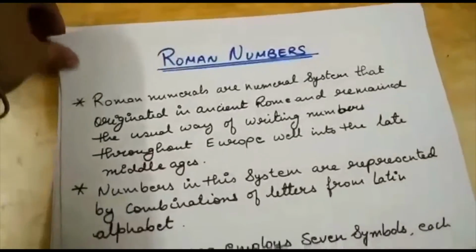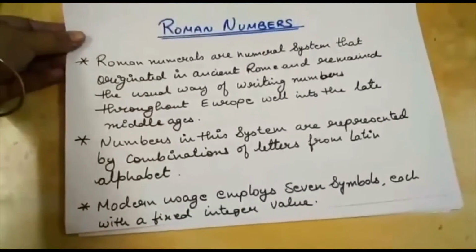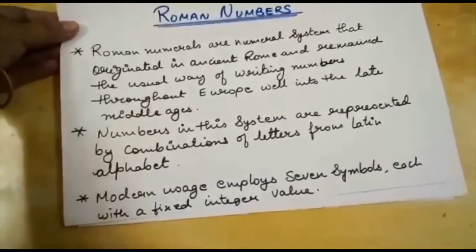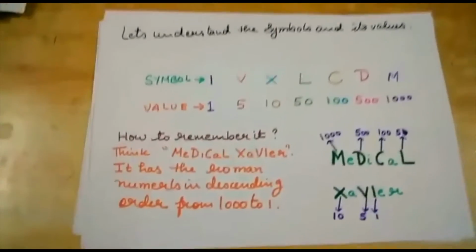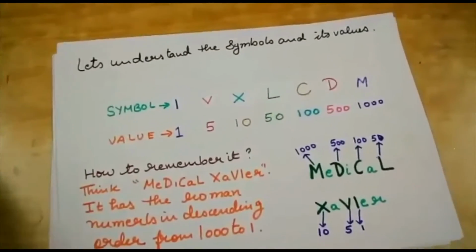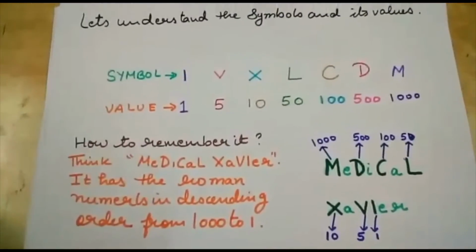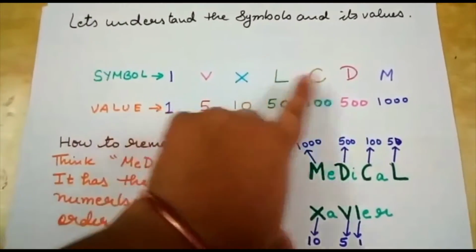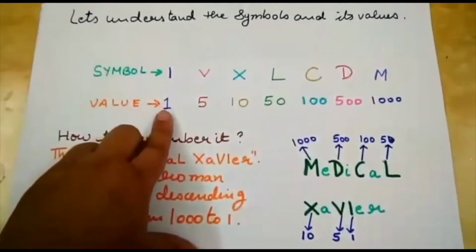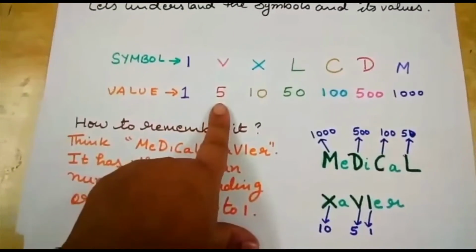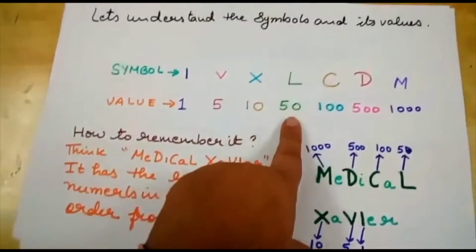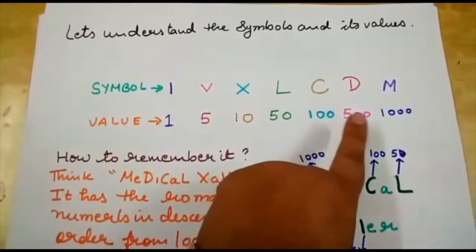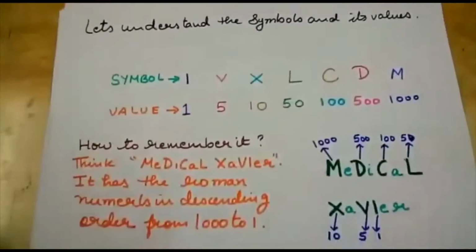Let's find out what these 7 symbols are and what their values are. In the beginning of the video I showed you these symbols, remember? So what do they represent? 1, 5, 10, 50, 100, 500, 1000. Good.